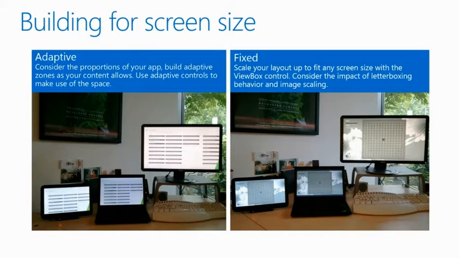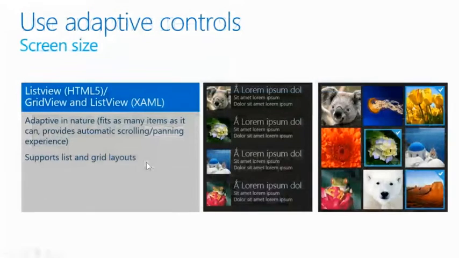I don't have to worry about whether it's snapped or not, because if there's something snapped next to it, it's just a little bit less space. If I snap another app to the right-hand side here, then I've got this much space. So using the grid view seems a sensible option if I'm going to be adaptive in that way.